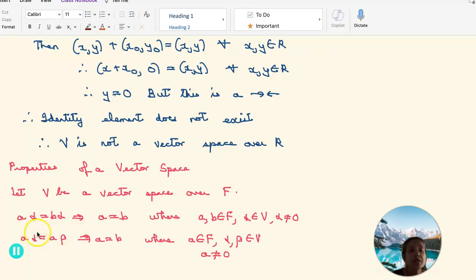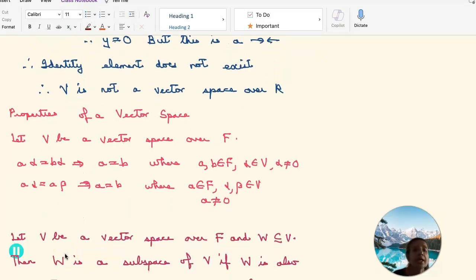So basically we are applying the cancellation property for the elements of the vector space. Again aα = aβ implies α = β, where a belongs to F and α, β belong to V, a not equal to 0. This means α = β, not a = b. So this is the cancellation property for elements of the field.